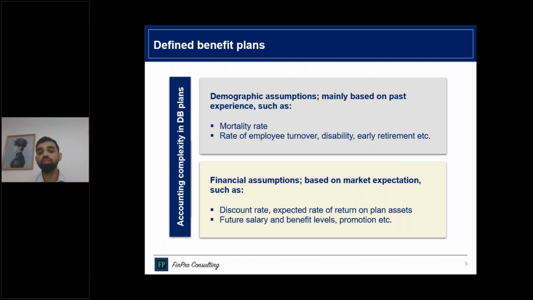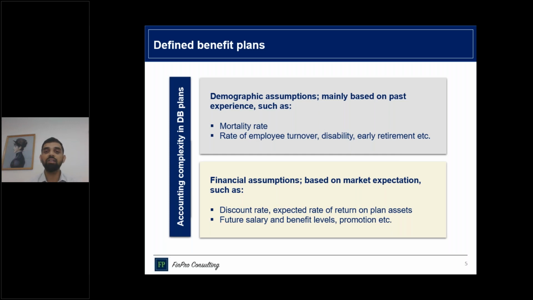And of course the future salary and benefit levels and the promotion factors, etc. In layman's language we also call it the expected salary escalation rate. All these assumptions are typically used while calculating the liability under the defined benefit plan.